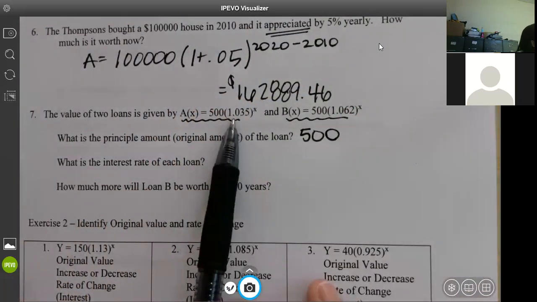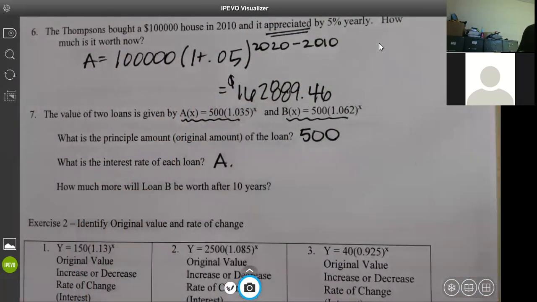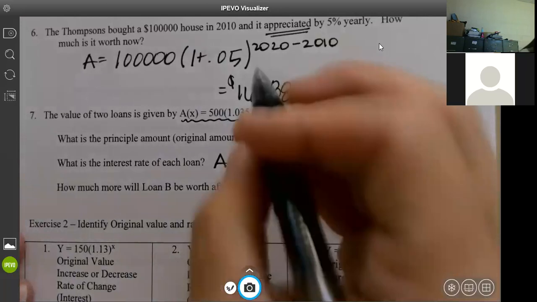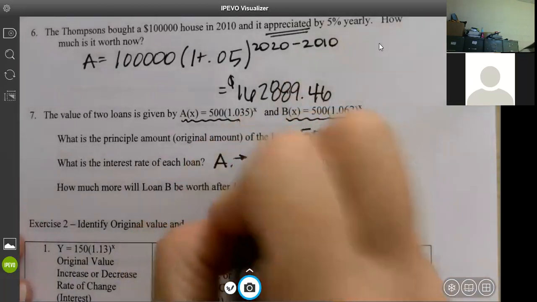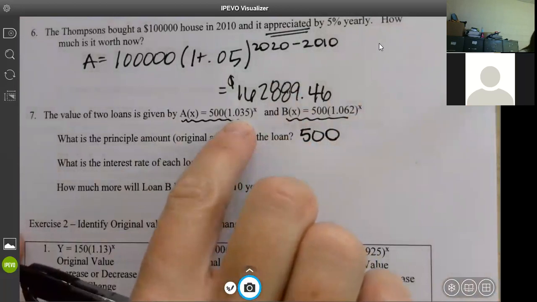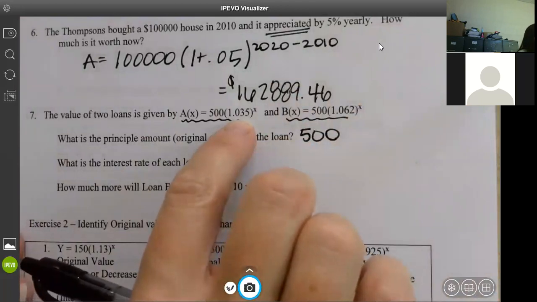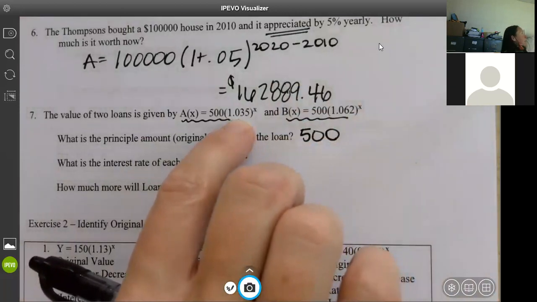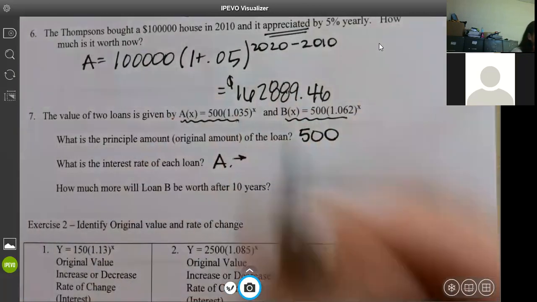Remember inside, your interest rate is going to be whatever it is from 1 and then written as a percent. So how far is this from 1? Remember, these are the easy ones. The hard ones are the ones that are less than 1. How much over 1 is this?